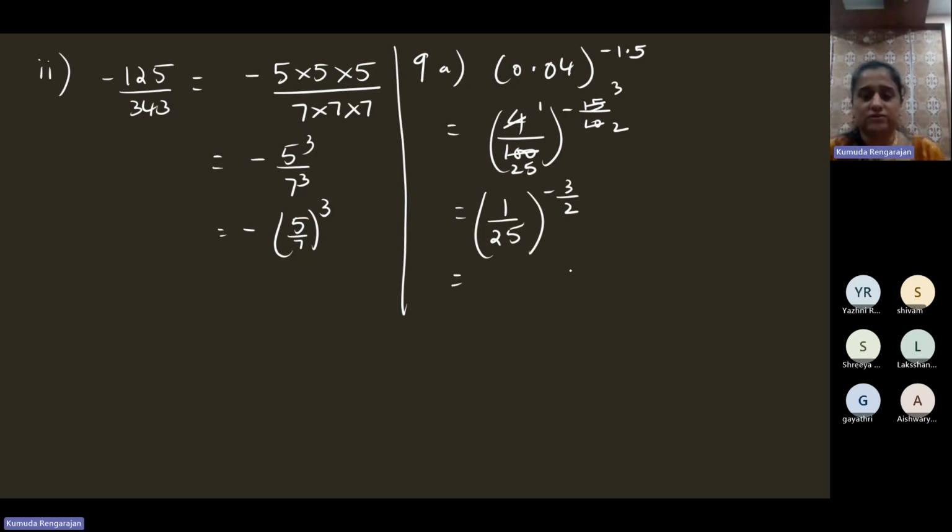So the power is negative. We need to make it positive. So take the reciprocal of the base and write the negative of the power. So 3 by 2. Now 25 is 5 squared into 3 by 2. So 2 and 2 get cancelled. So 5 to the power 3, which is 125.